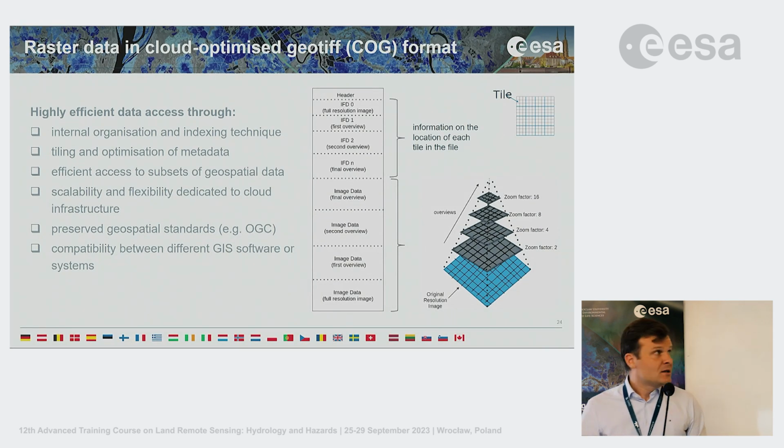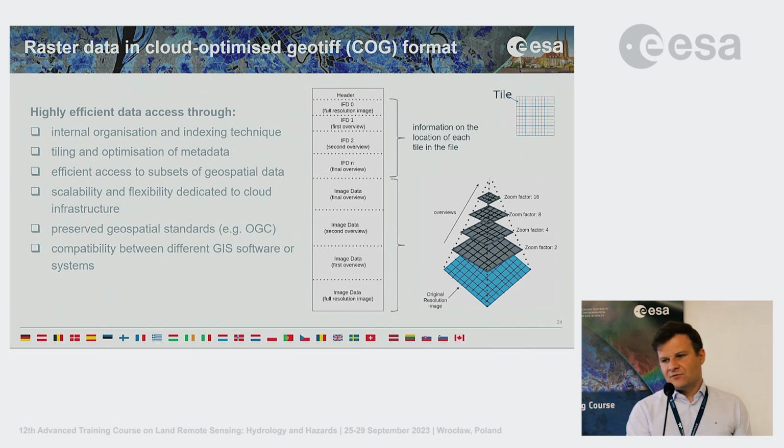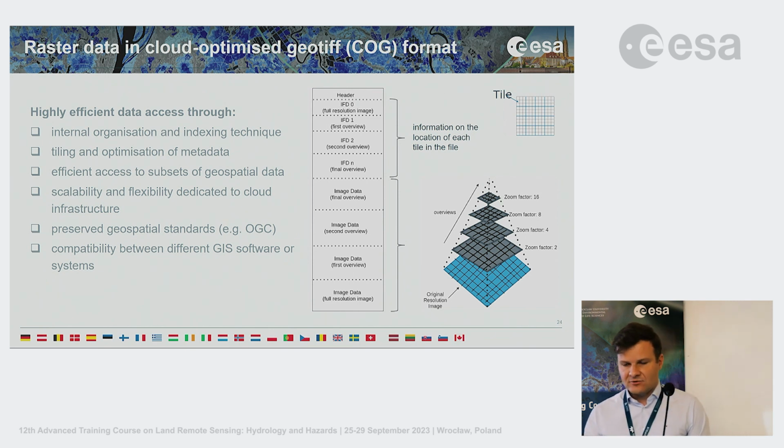The idea is that for data streaming purposes, even for this Copernicus Browser, where you can quickly look at the images, you need a technology that allows you to gather from the repository only the data you want to show, without getting the whole image when you need only a part of it, or downloading the full resolution image when you need a lower resolution because of the zoom factor.